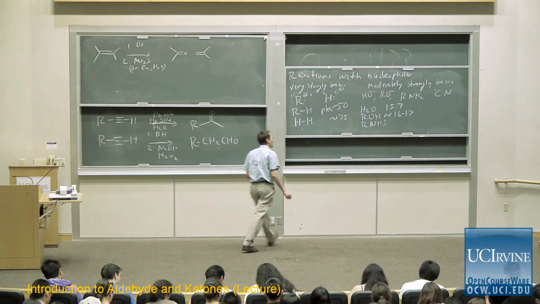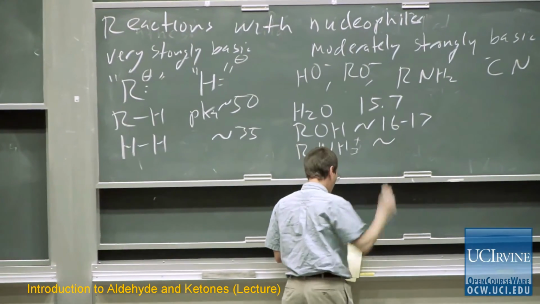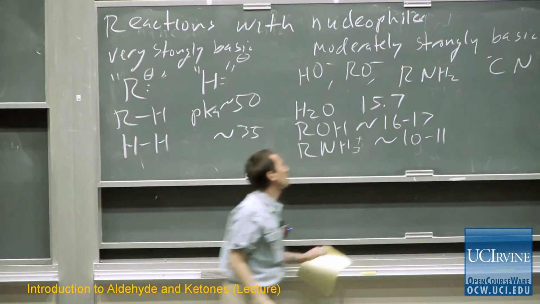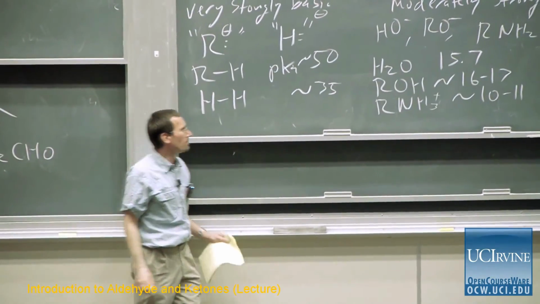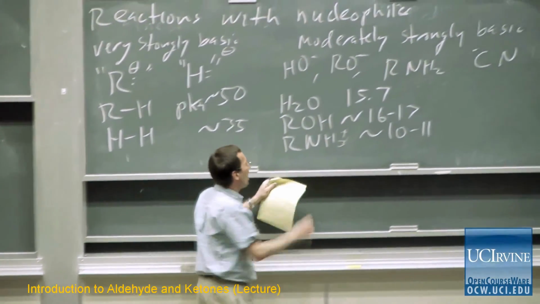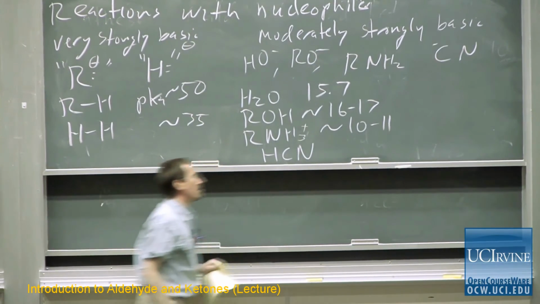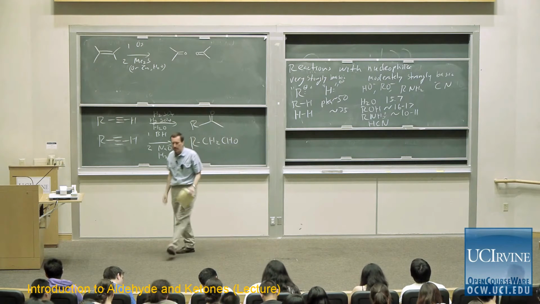The pKa of a conjugate acid of an amine, of an ammonium ion, is on the order of 10 to 11, sometimes a little higher, sometimes a little lower, but that's a reasonable number. And the last one, hydrogen cyanide, which is actually where we'll start our discussion of reactivity because it has a nice simple reactivity.